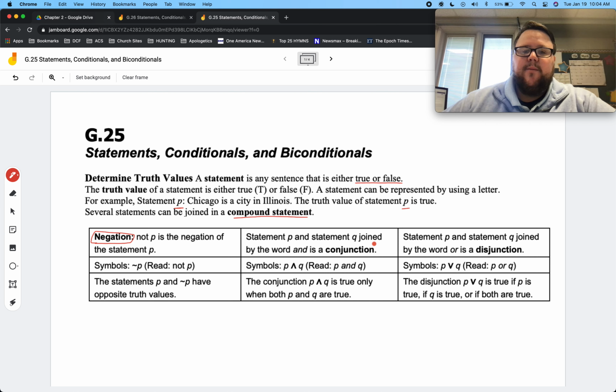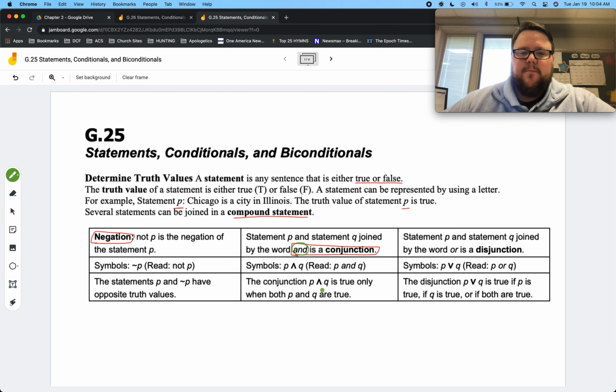Statement P and statement Q joined by the word and is a conjunction. So the word and here is a conjunction. That would be P and Q, and it's read P and Q. The arrow up means and.